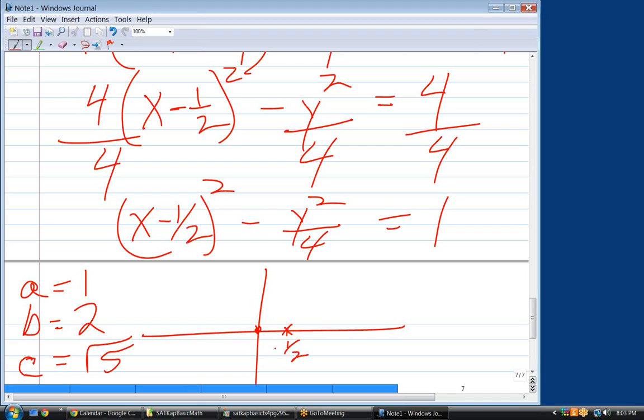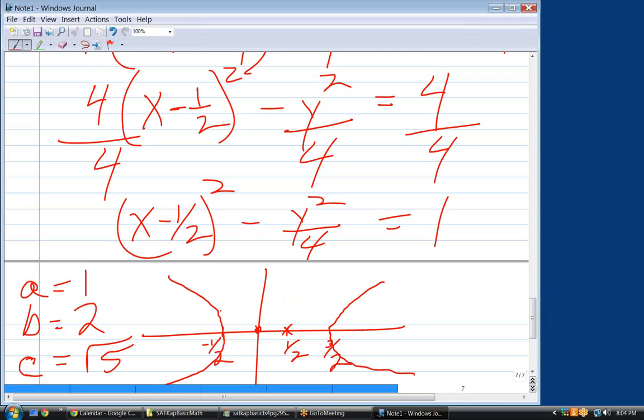There's the center of our hyperbola. I know that 1 unit to the right, in other words at 3/2, is one vertex. I know that 1 unit to the left, at minus 1/2, is another vertex.